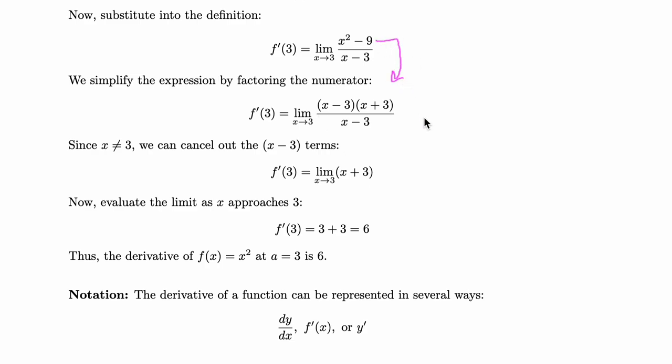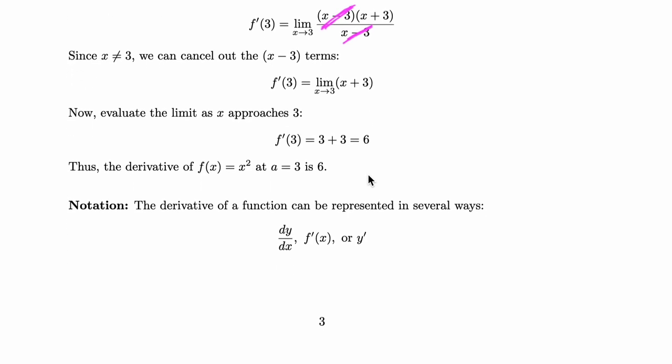This is a difference of squares, so we can factor that into (x minus 3) times (x plus 3). Now we can cancel out these terms, and all that we're left with is the limit as x approaches 3 of x plus 3. Again, now we can just use direct substitution. Plugging in 3 for x, we get 3 plus 3, which is 6.